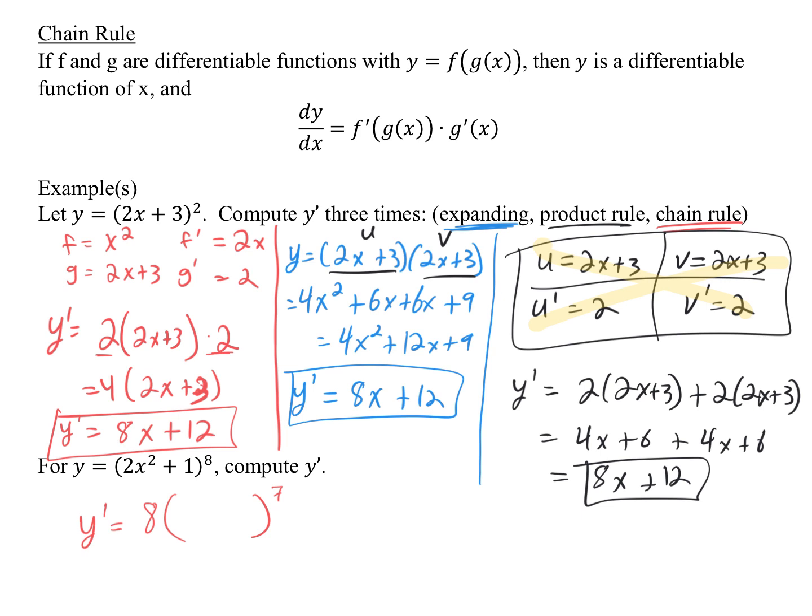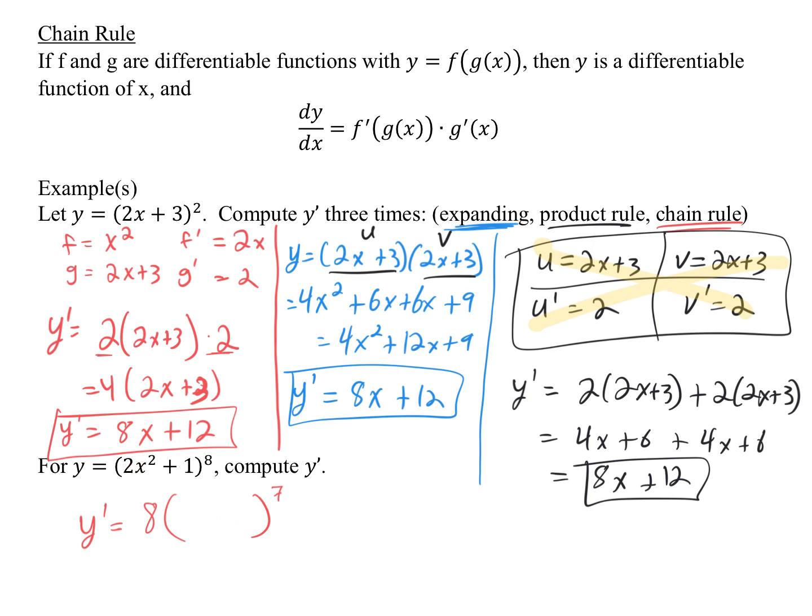Now, in previous sections of notes, we just had an x here, but now we have a function instead of a variable. So the chain rule tells us what to do. At first, you don't do anything, you just leave the function alone, but then afterwards you multiply by its derivative. So I'm looking at 2x squared plus 1, I'm going to write it here.